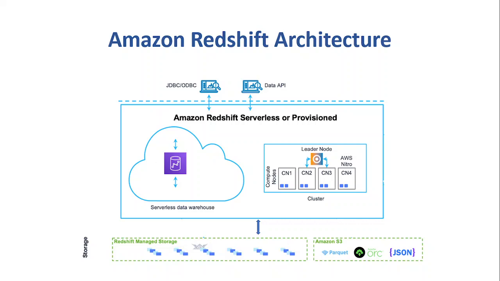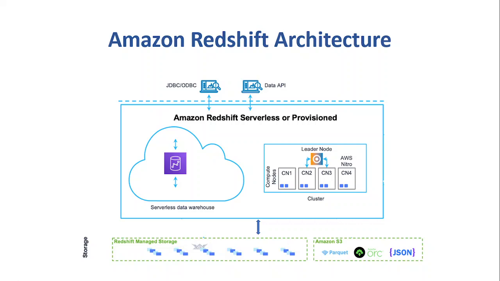This architecture is pretty much the same, it's just that for a serverless data warehouse we don't have to manage or provision anything in the cluster. While if we are using a provisioned cluster, that's the architecture for it.